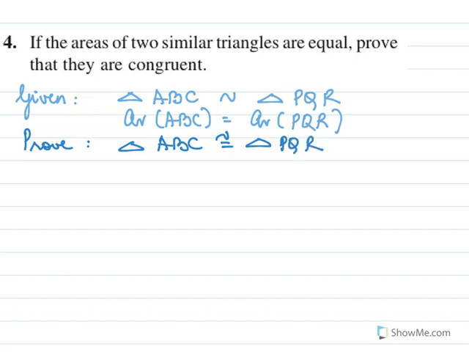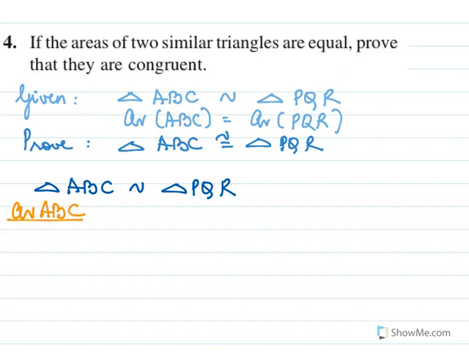So let us start with what is given to us. It was given to us that triangle ABC is similar to triangle PQR. If the triangles are similar, their sides are proportional. So we go to the property of area.